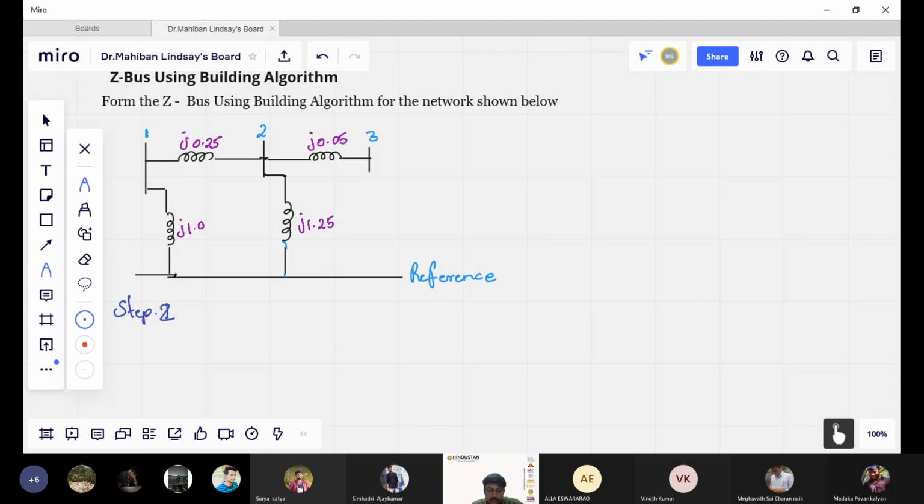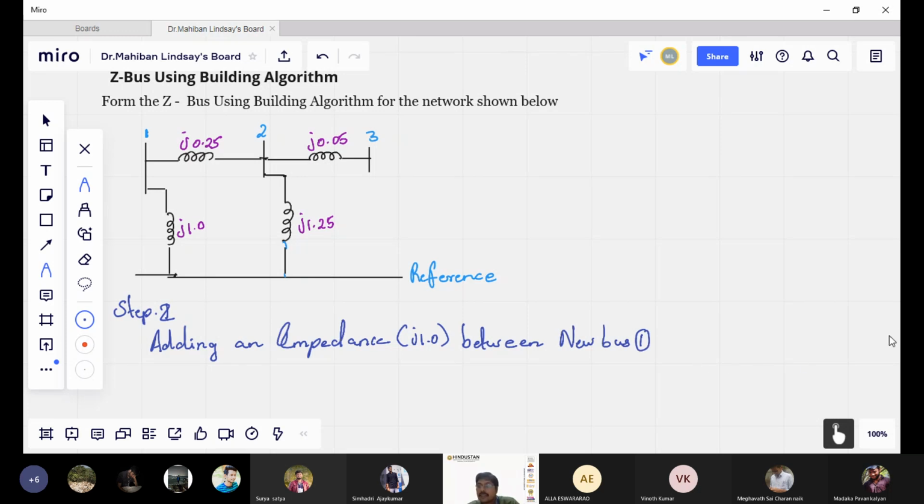Step 1: I am going to take one impedance, adding an impedance between bus 1 and the reference. Therefore, the impedance I am writing is j1.0, that is the impedance I am going to add between the first bus, that is the new bus 1, because till now we didn't consider any bus, and the reference bus.